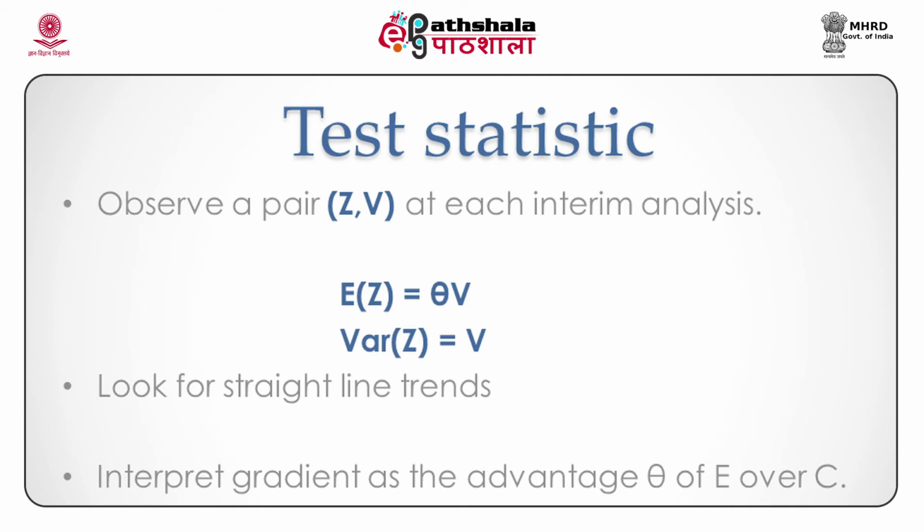We shall assume that Z and V are chosen in a way such that expectation of Z is equal to theta V and variance of Z is equal to V in large samples.